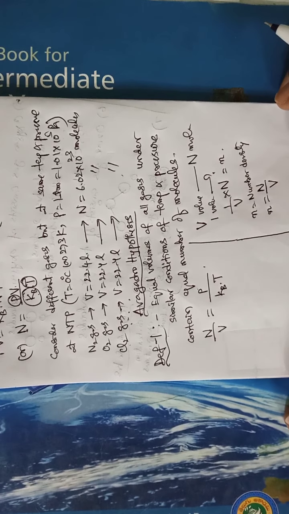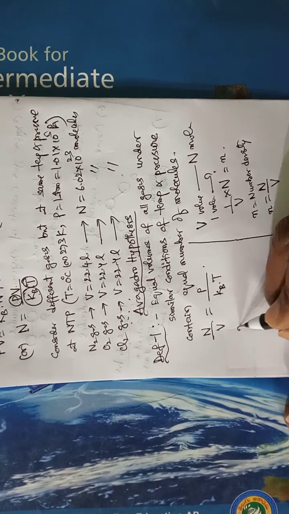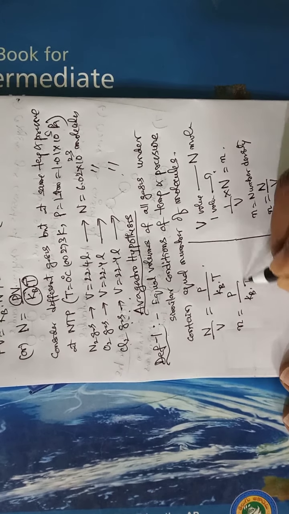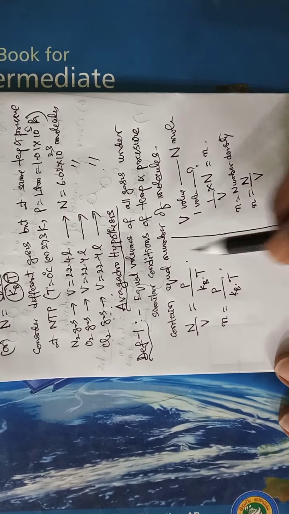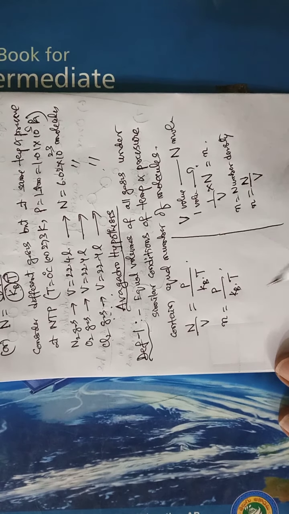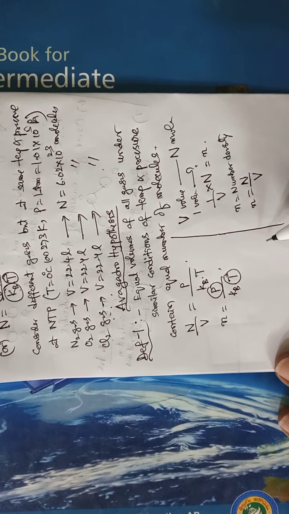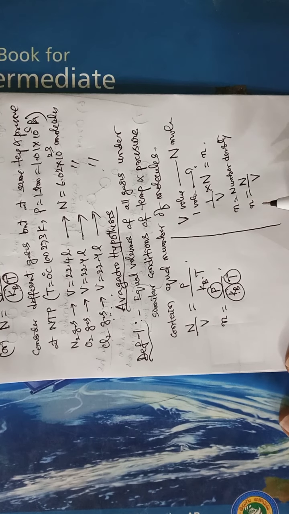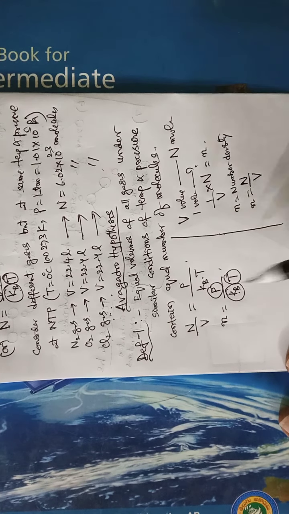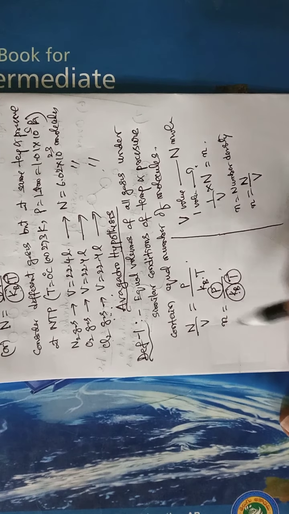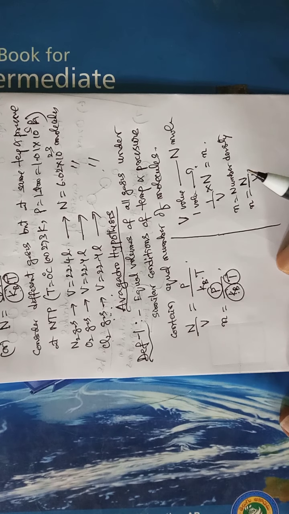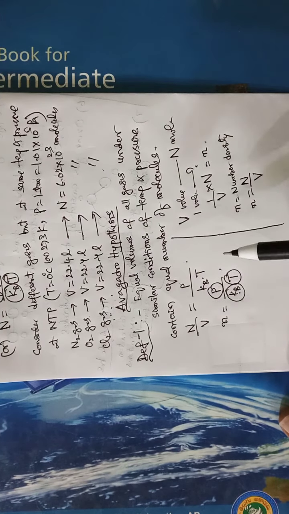So here N by V, the number density, is equal to P by KBT. See, under similar conditions of temperature and pressure, meaning temperature and pressure fixed, and KB, the Boltzmann constant, itself fixed. So all the three quantities are fixed, meaning the n value is fixed, number density is fixed. So we can define the Avogadro hypothesis in another way also.